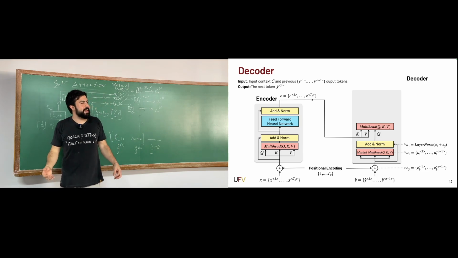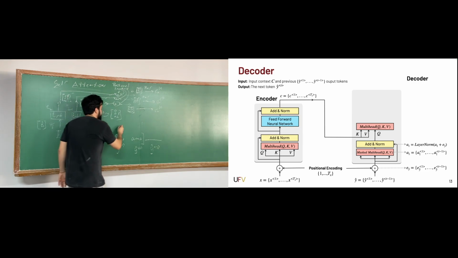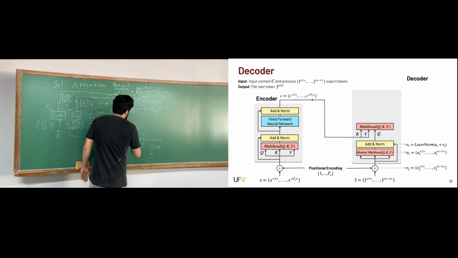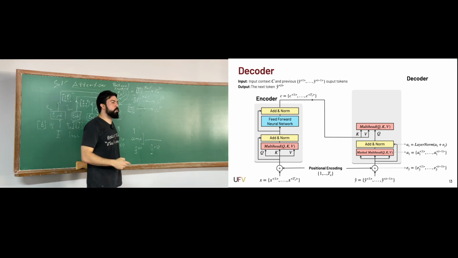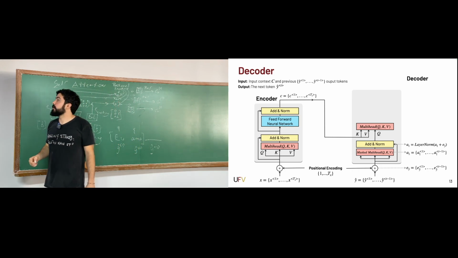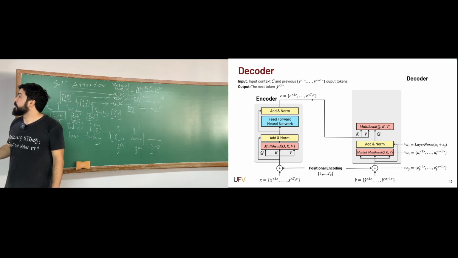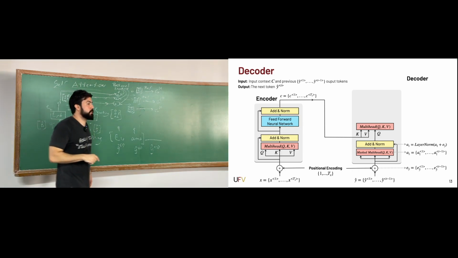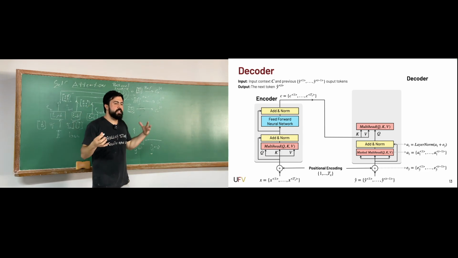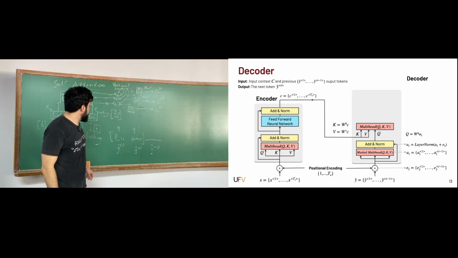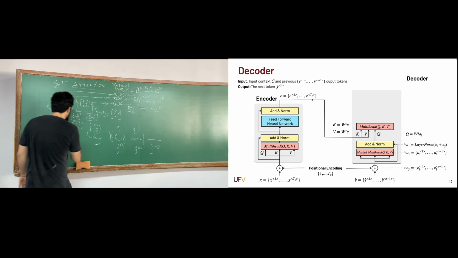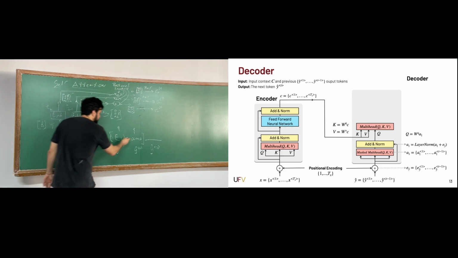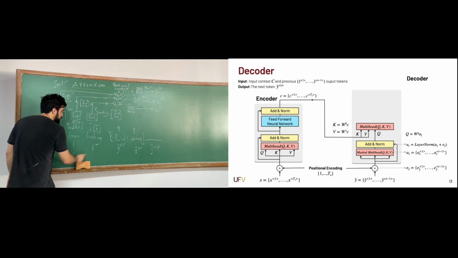So as if I'm making a query for each decoding word, but the keys and the values are coming from the encoder. So this is a cross attention. I am relating this word with all of these three, and then this word with all of these three.